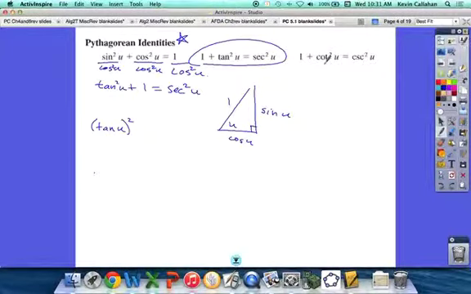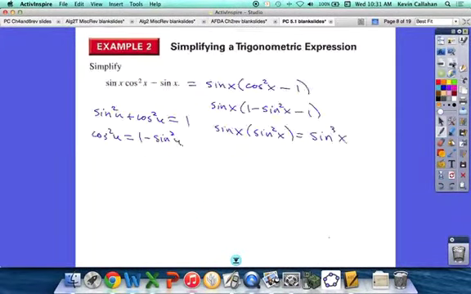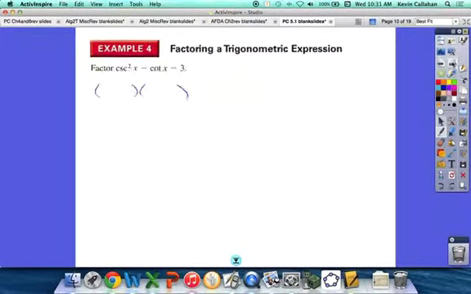And then it'll all be in terms of the same trig function. So definitely you want to do that. So 1 plus cotangent squared equals cosecant squared. So this will be 1 plus cotangent squared u equals cosecant squared u. We're going to substitute that right there.